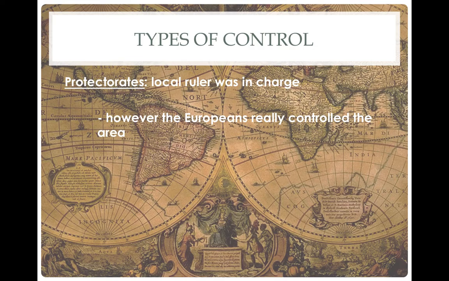So a protectorate is a small country that has its own people in charge. However, they are protected by a larger country in exchange for resources and foreign affairs influence. Like we said, who Cuba could interact with and trade with and things like that. But then we would protect them and make sure they would not get invaded.